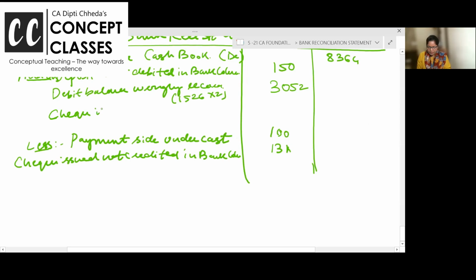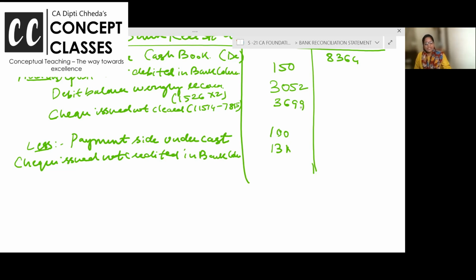Check issued, not cleared: 11514 minus 7815 is 3699. Got it or not? When I issued the check, I credited, but the bank has not done so yet. So reverse it: debit and add. I hope you all are checking your answers. That's the importance of homework.